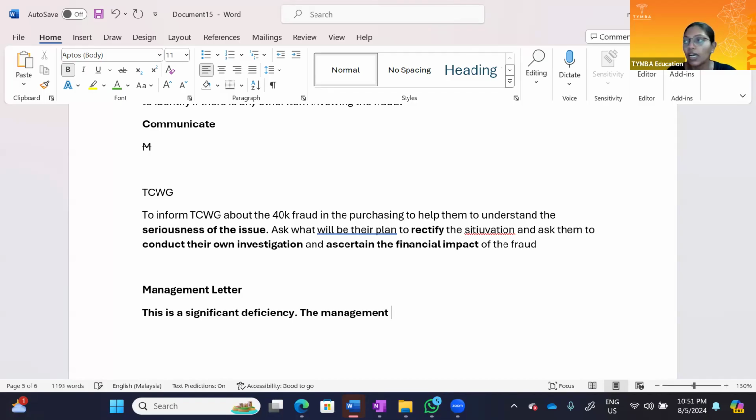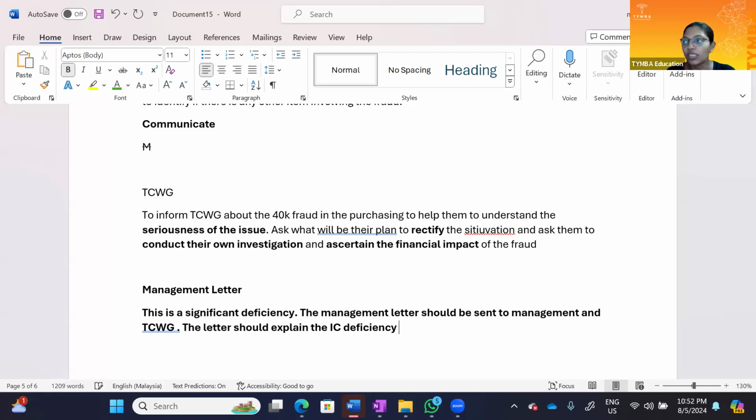The management letter should be sent to management and those charged with governance, and the letter should explain the internal control deficiency.